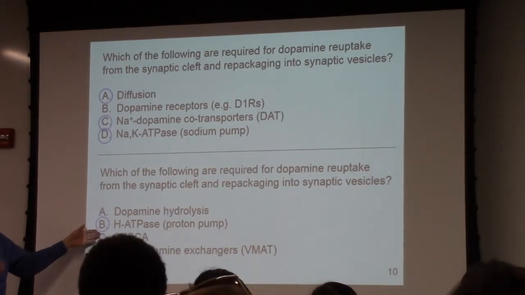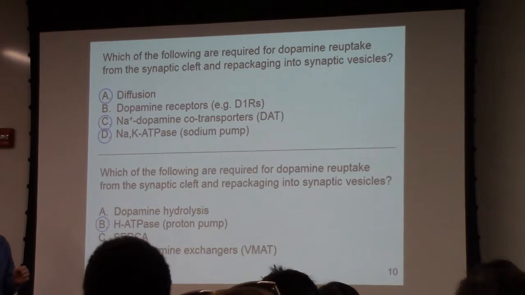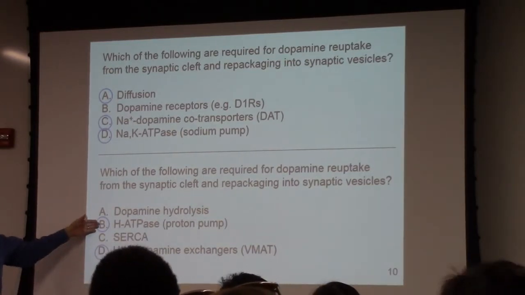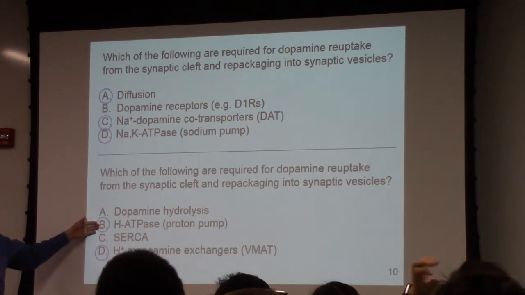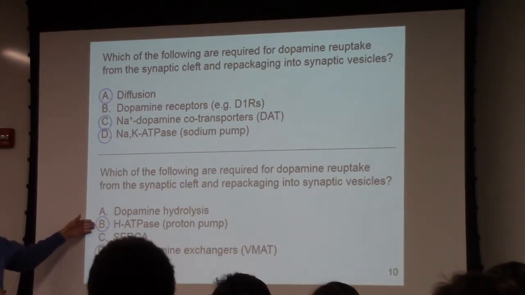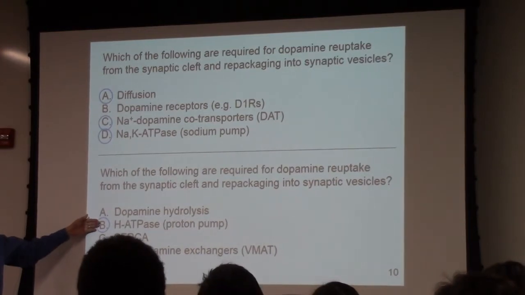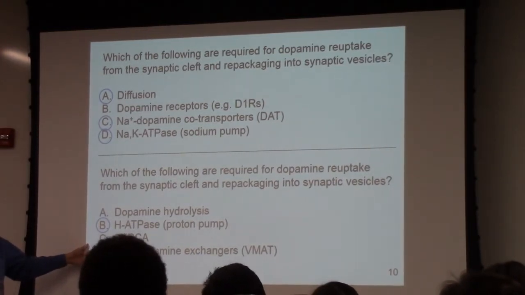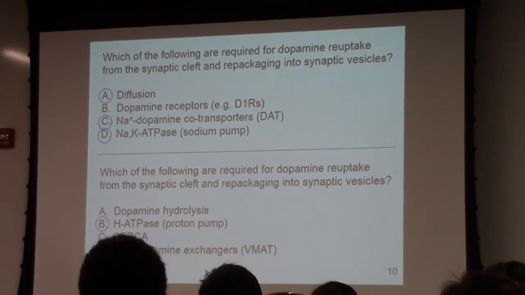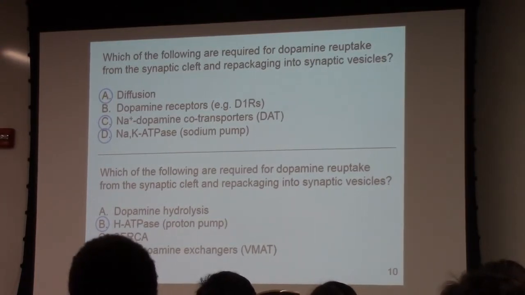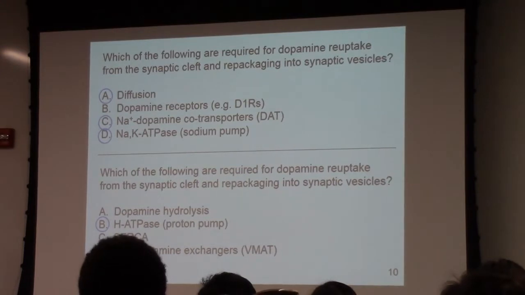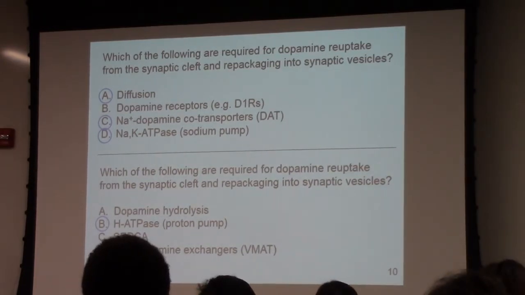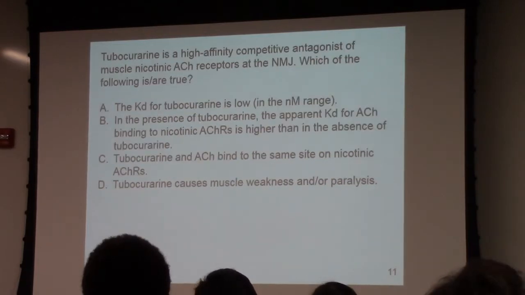SERCA transports calcium, but none of this process is calcium dependent. The pumping of dopamine from the cytosol into the vesicle depends on a proton gradient established by the proton ATPase and an exchanger process in that membrane. Questions about these concepts of creation of gradients, neurotransmitter uptake, and packaging? Okay, let's go on.